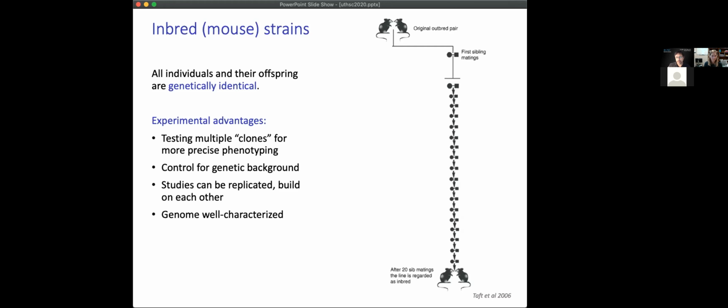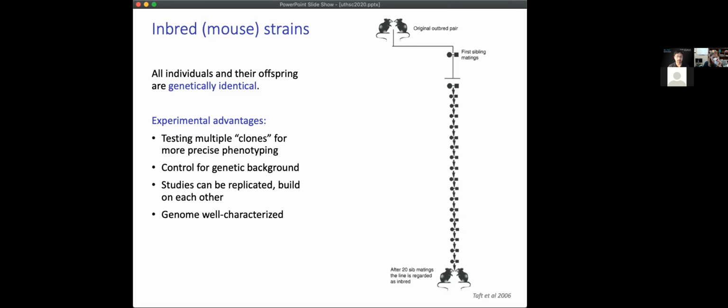And this has a number of experimental advantages that people in biomedical science who use model organisms take advantage of all the time. You're essentially able to test multiple clones, and this means that you can phenotype more precisely. You can control for genetic background.